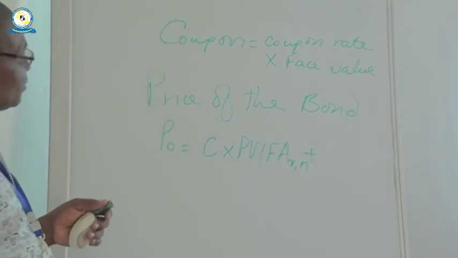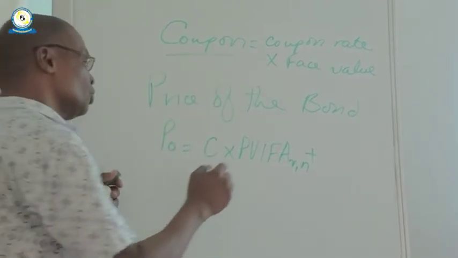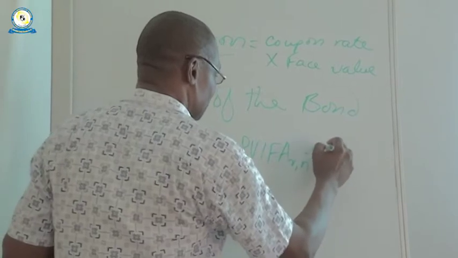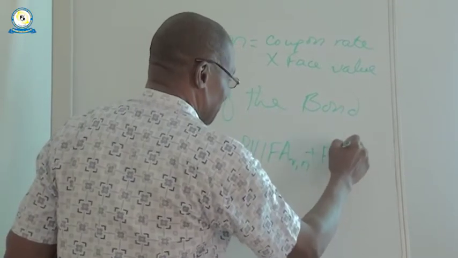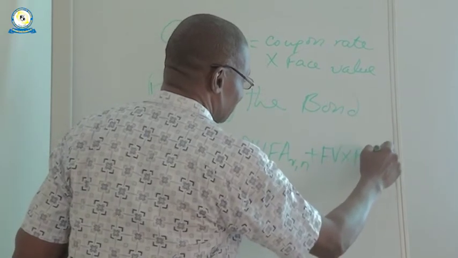In our definition, we say that we must have a coupon and we have face value. So plus face value, but we discount it with the present value interest factor.